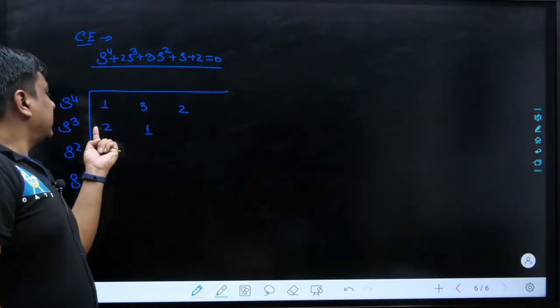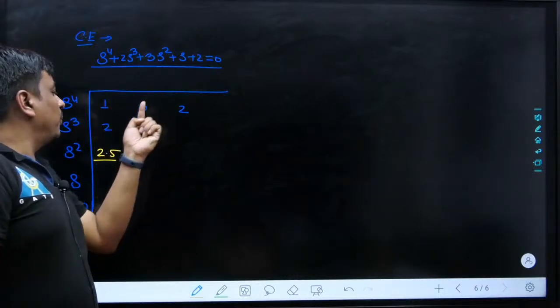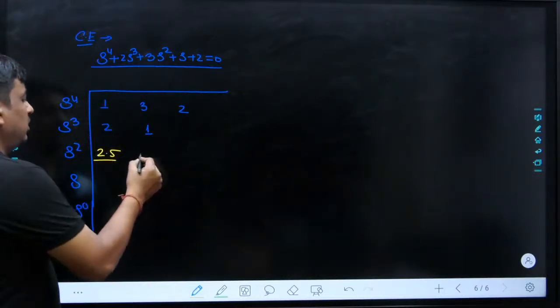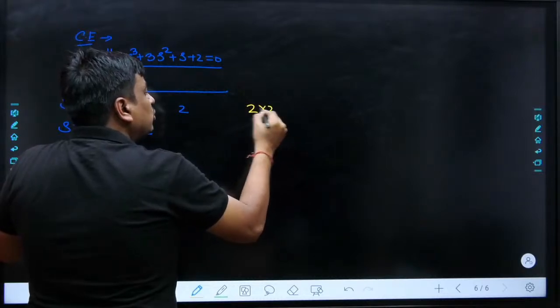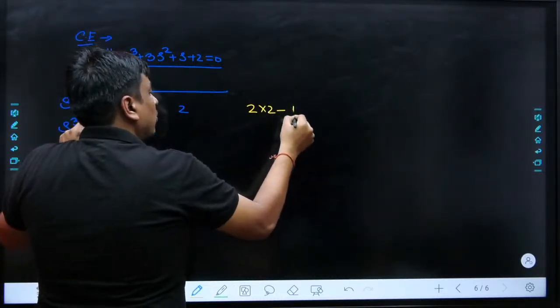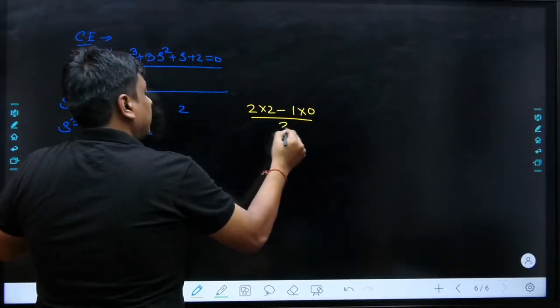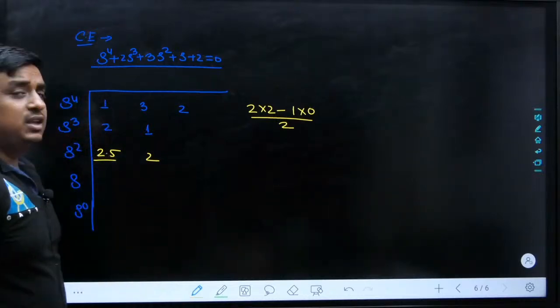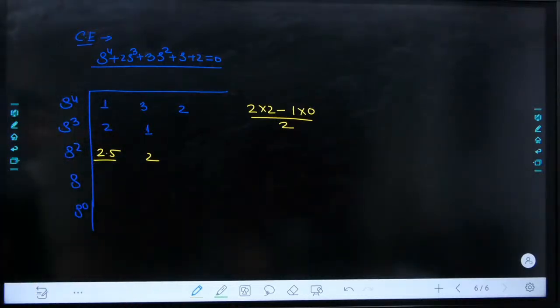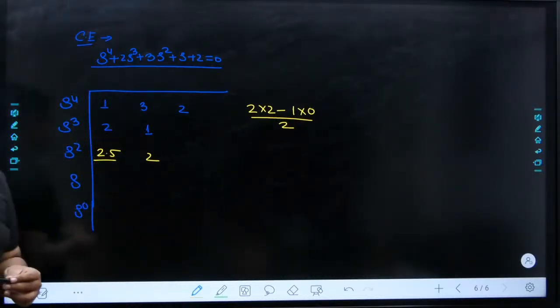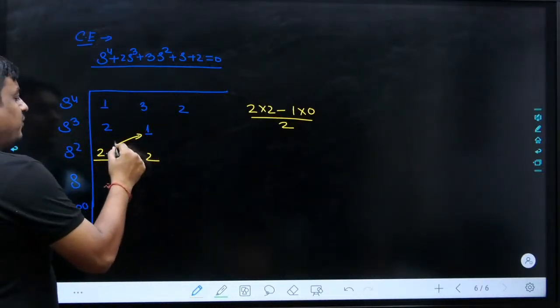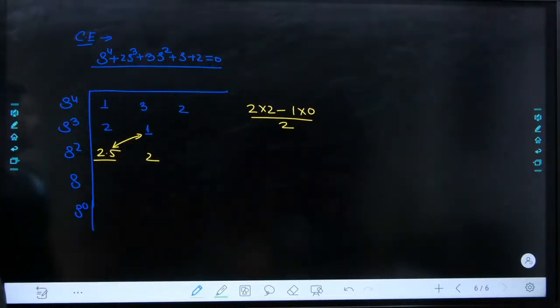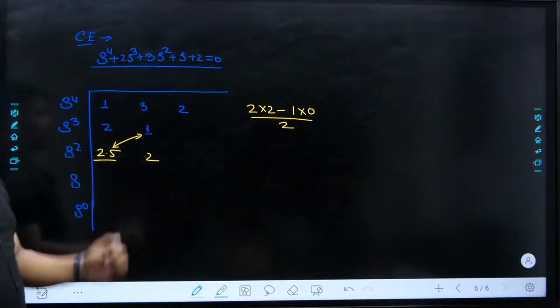Next, what is happening over here, 2 into 2 minus 0 divided by 2, simply it would be 2. If I am not wrong, the 2 gets multiplied with 2, 1 would get multiplied with 0, and again at the denominator the 2 had the division. Yes. So here goes like this. Now in the next step, 2.5 has to get multiplied with 1, 2 has to get multiplied with 4.